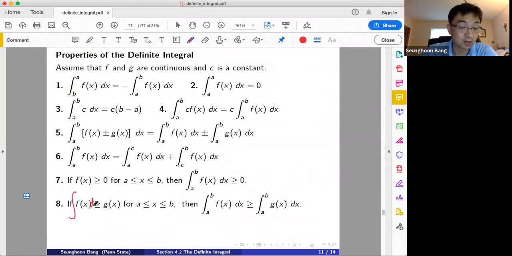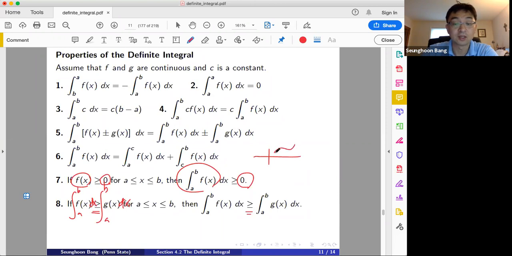Only take the integral of both sides like this. The inequality stays the same. A positive function is given, so the integral is also positive because the graph is above the x-axis. The definite integral is the exact area A. The area is positive, right?